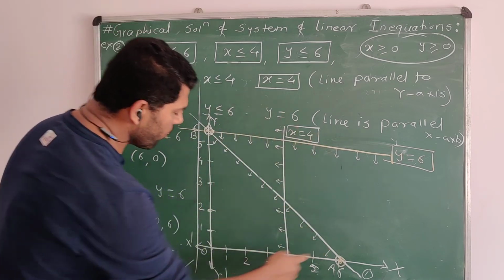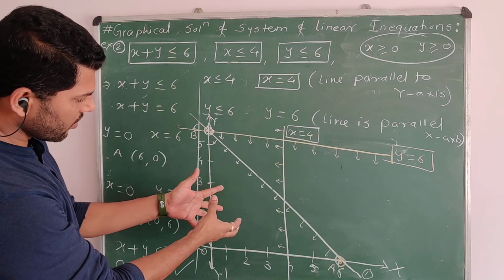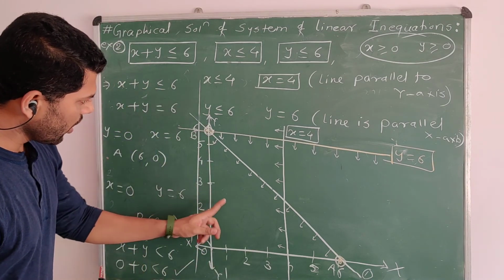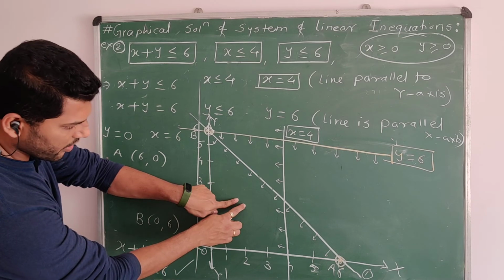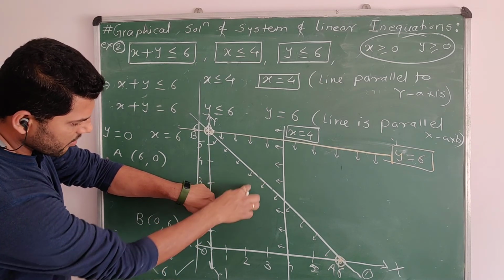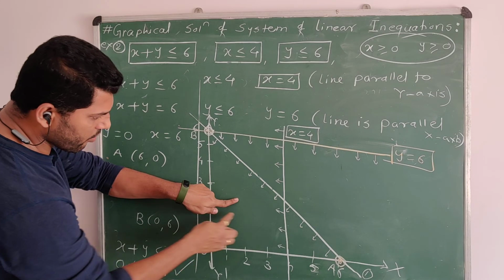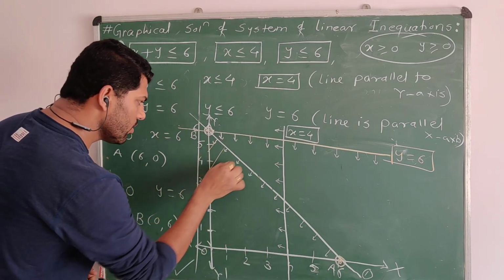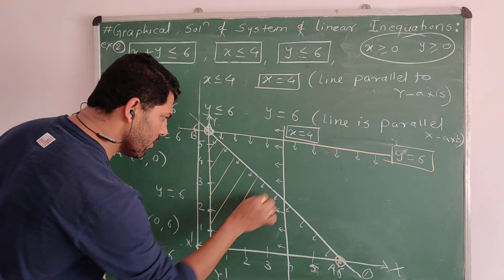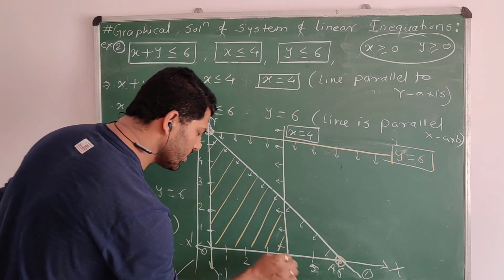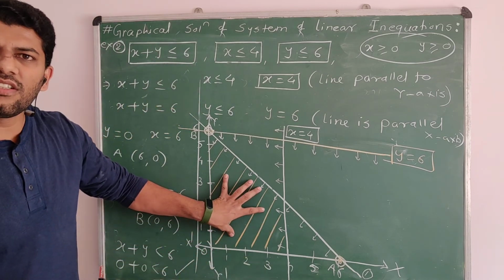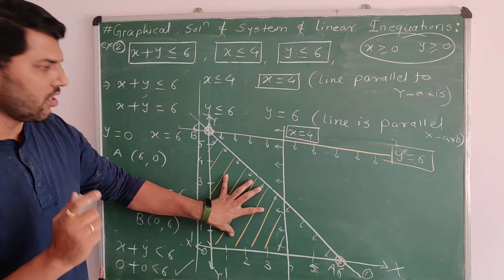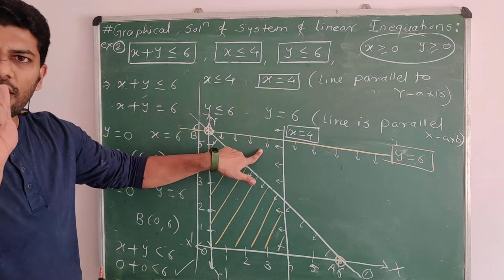Now in this graph, what do you think? In which region will all three arrows cross each other? If you observe this particular region, the first line's arrows will cross, the second line's arrows will cross, and even the third line's arrows will cross. See, it's a part of visualization, not a part of explanation, but still try to understand it. This is the region where all three arrows definitely will cross each other. What about this region? Only two arrows will cross.